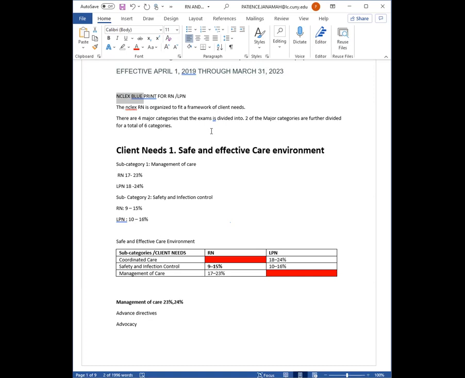You need to understand it first before it's going to be easier. There is no easy NCLEX. So far as it's a national standard exam that they conduct for every nurse, every LPN, every RN, it's not easy. You just need to be well prepared and understand your areas.